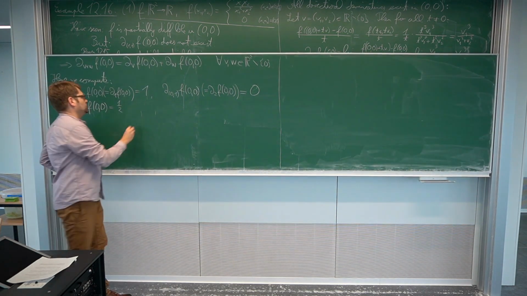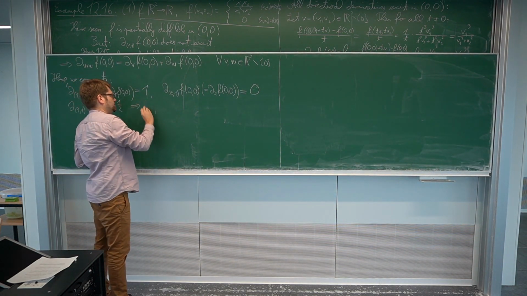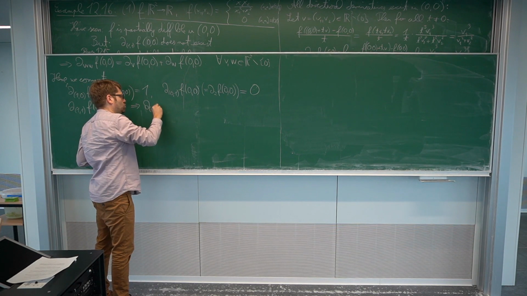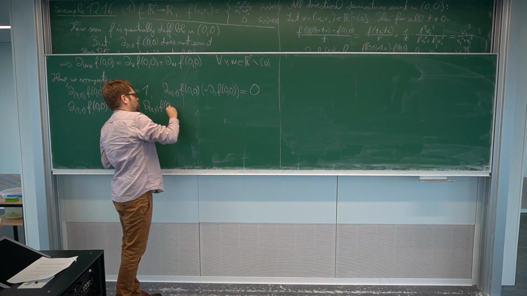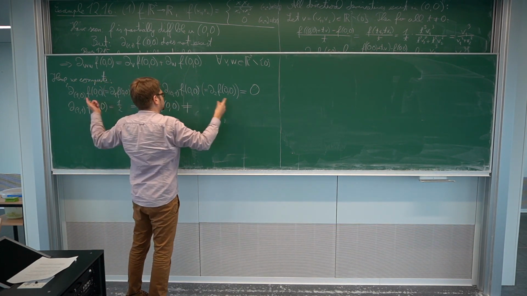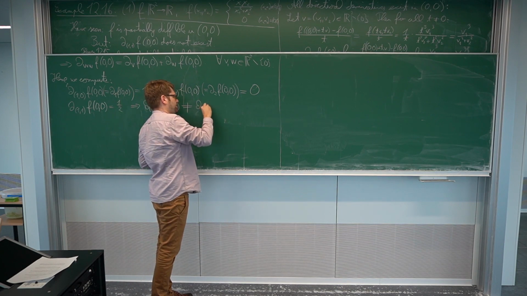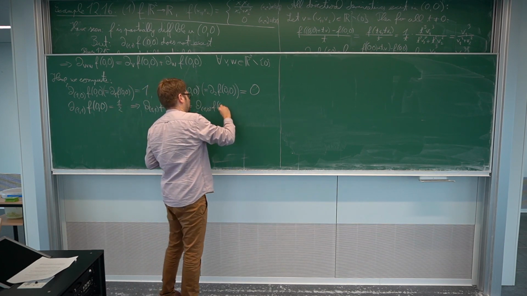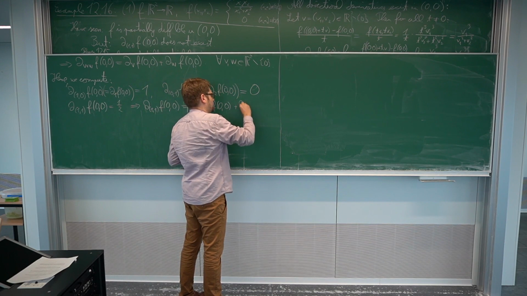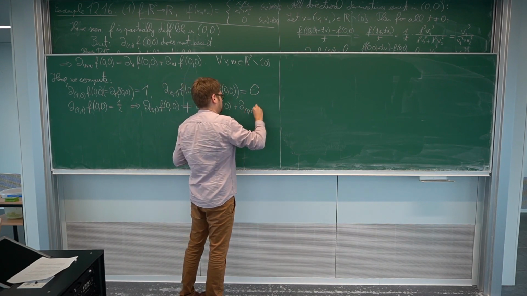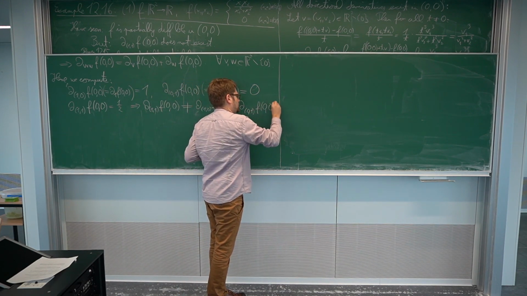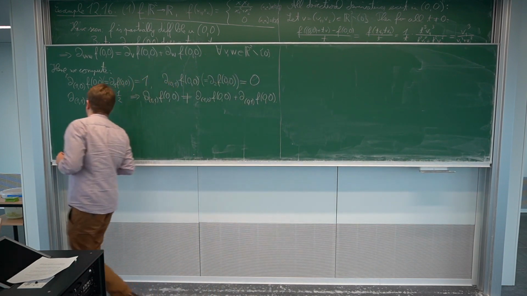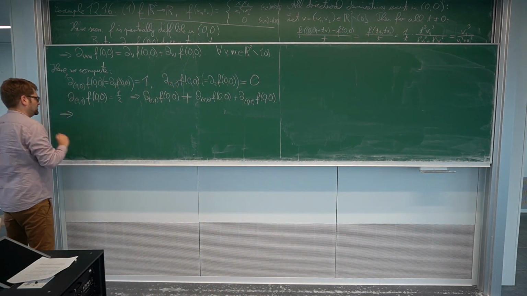So in particular, we see that the directional derivative in direction 1, 1 of f at 0, 0 is not the same as the sum of these two. And this means, by what I just said, we have the linearity property if it was differentiable.